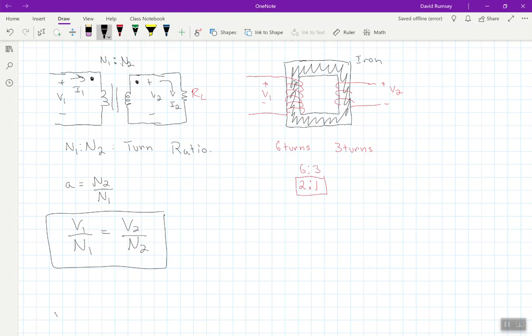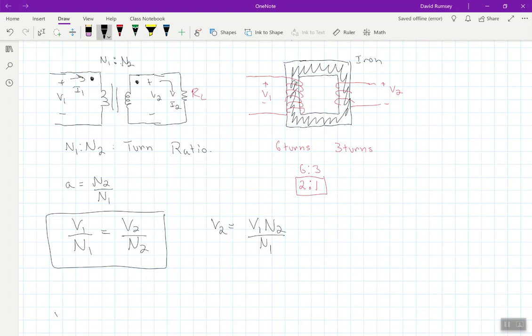To me it's one of the most important equations, because if you're looking for the output voltage, V2 is V1 times N2 over N1, or A times V1.